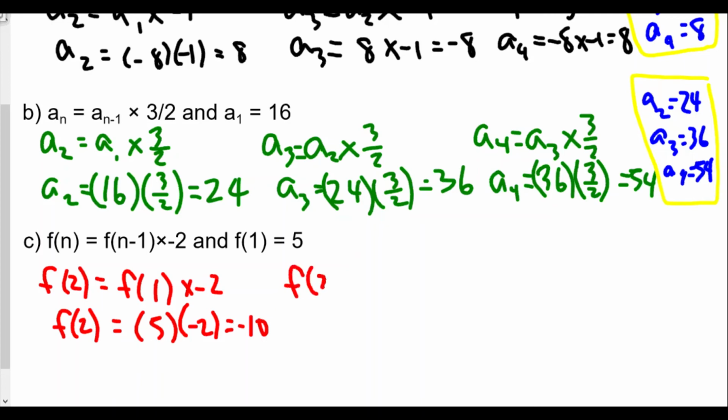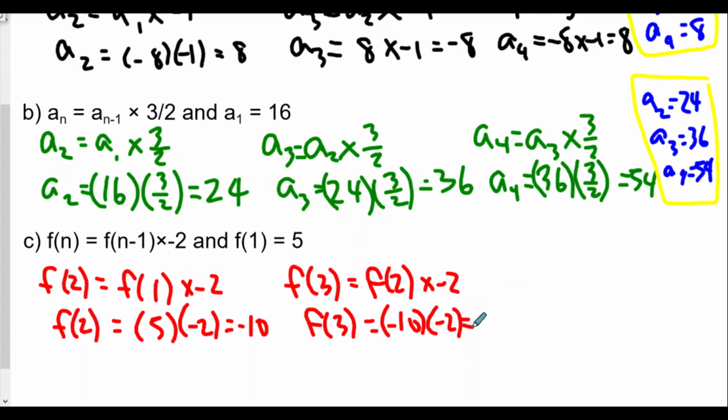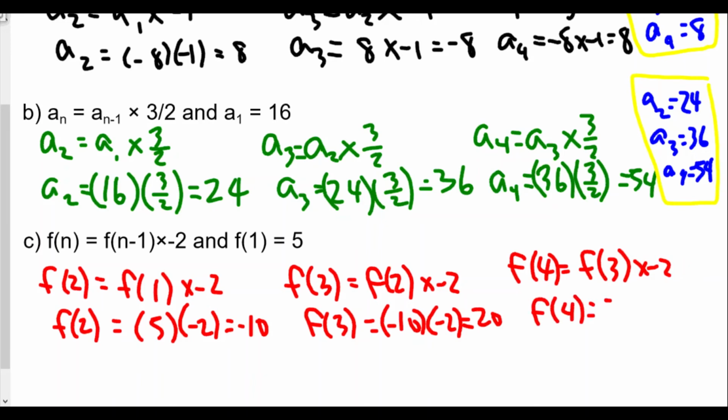Therefore, the third term f3 equals f2 times negative 2, which means f3 equals negative 10 times negative 2, which is positive 20. And f4 is equal to f3 times negative 2, which means f4, the fourth term, is equal to 20 times negative 2, or negative 40.